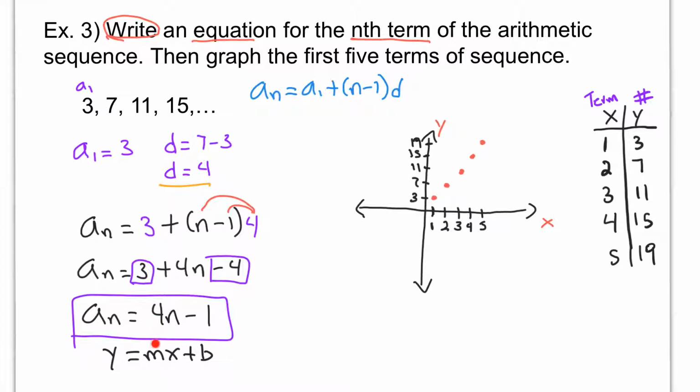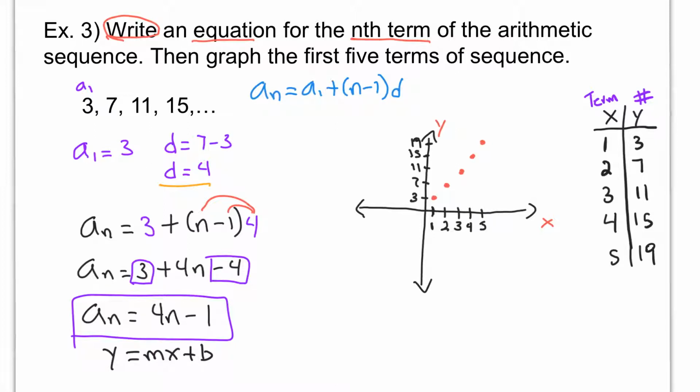This is your slope, 4, and this is your y-intercept, -1. So you guys can see how to graph the actual line using y equals mx plus b, which is a linear function. So that's why we say an arithmetic sequence is related to a linear function.